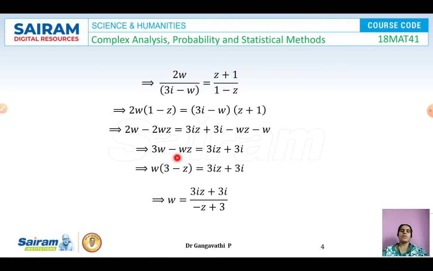And this 2wz, when we take towards this side, gives wz. 3iz minus 3i is there as it is. So take out w as a common term, we get 3 minus z and here 3iz plus 3i. w is equal to 3iz plus 3i divided by minus z plus 3. So this is the required bilinear transformation.